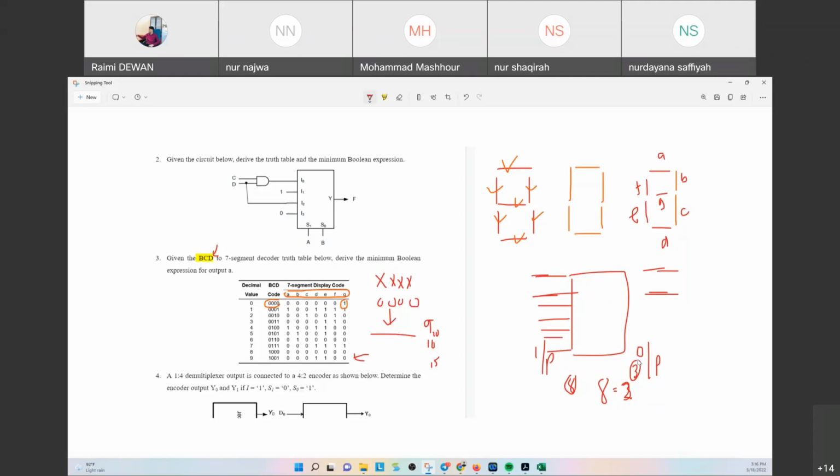Okay, wait. I'm trying to check if the module teaches you enough. Did they teach the encoder?